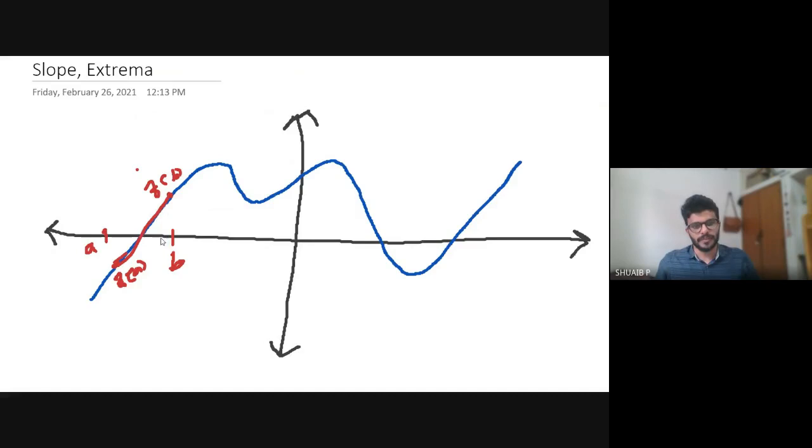So if you think of reducing this interval further and getting it really close to this point, or any point for that matter, the slope of this line would be the tangent at that point.